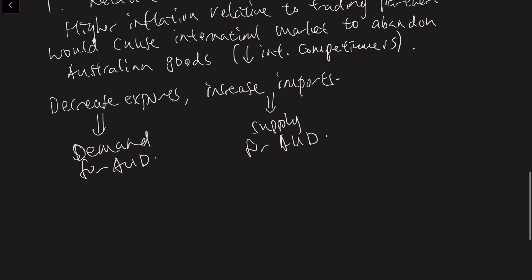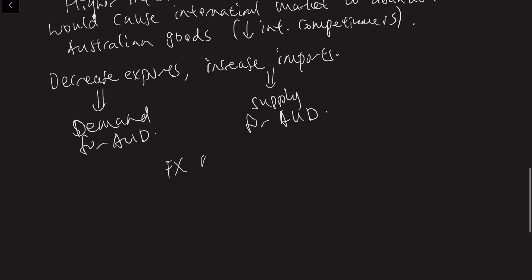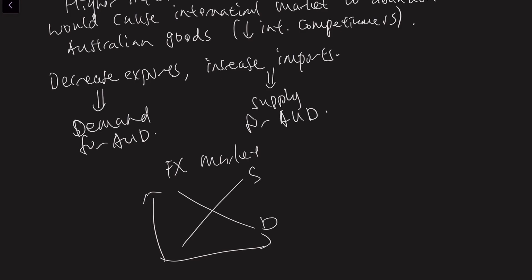And the currency market, or the FX, the foreign exchange market, operates exactly the same way as all the markets you have studied in macroeconomics. It is the interaction of demand and supply, and the exchange rate is determined by demand and supply. So if you have less demand and more supply, this would cause depreciation of the Australian dollar.